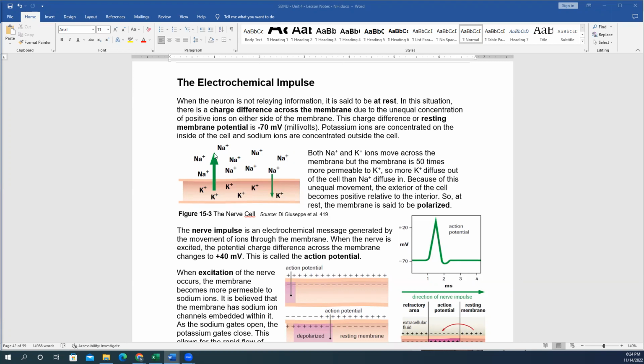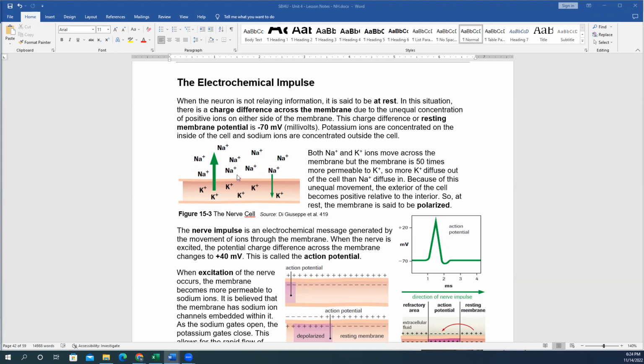The rate of sodium ions leaving to go outside of the neuron is much greater. So it leads to this big difference in concentration, with sodium greater outside and potassium greater inside, and this difference in charge is called the resting membrane potential.